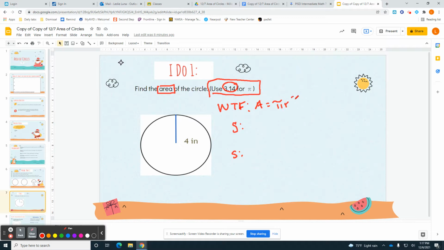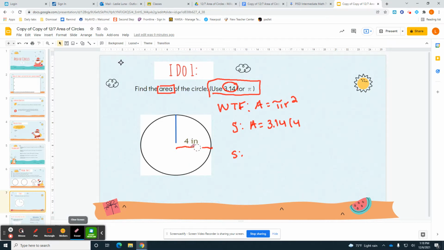A equals pi r squared. That is correct, if that's what you said. So A equals 3.14 because that's what it tells us to use for pi here. R is our radius, which is, this is our radius. Remember earlier I told you it could be identified differently. So here you see that from going from the center to the top versus from the center to the right like you had previously seen it.